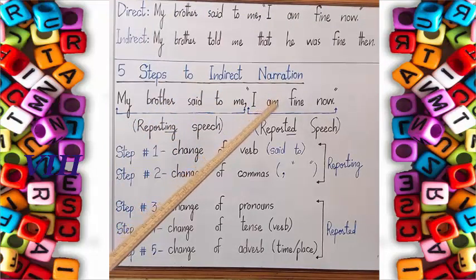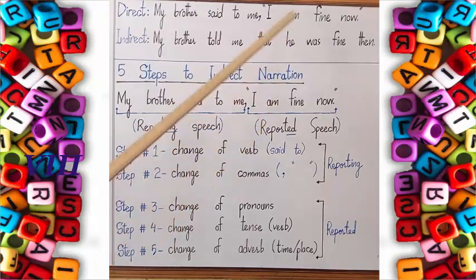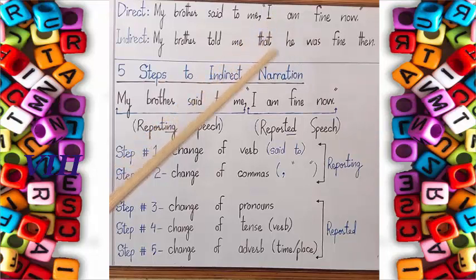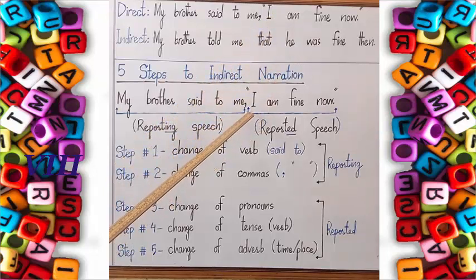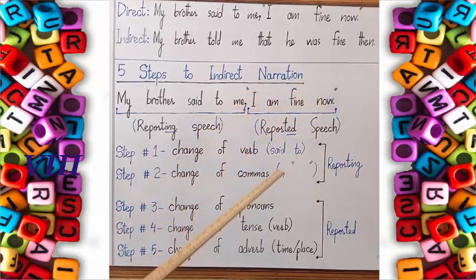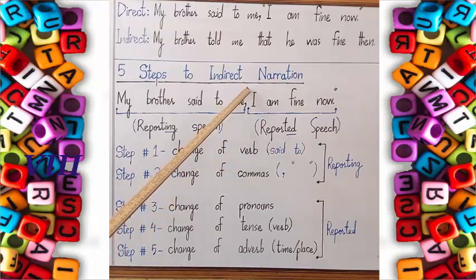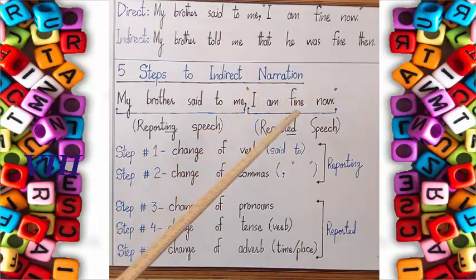This is reported speech, and here in the sentence, in the example given above, "I am fine now." Reported speech is the speech given inside the commas. "I am fine now." So this is the reported speech.